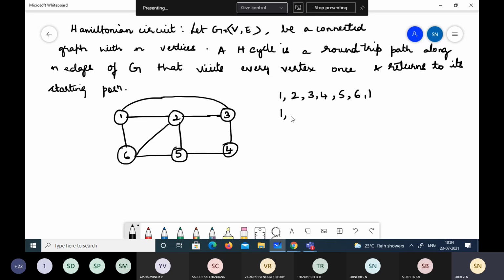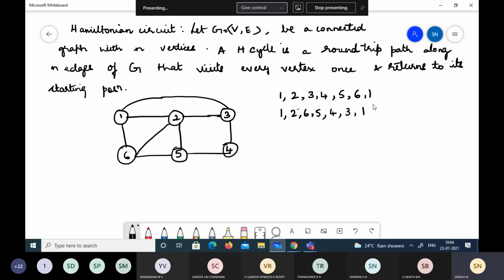Likewise, which other cycles can I have? There can be many Hamiltonian cycles for a given graph. 1, 2, then 6, isn't it? 1, 2, 6, 5, 4, 3, back to 1.